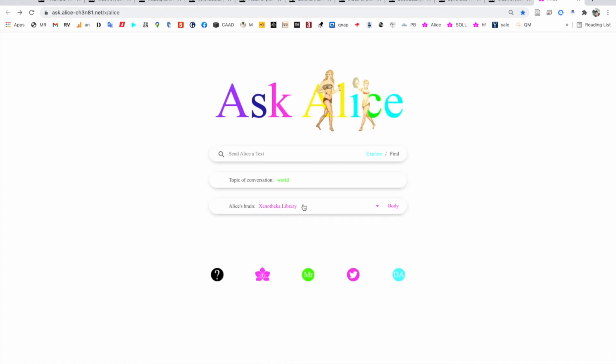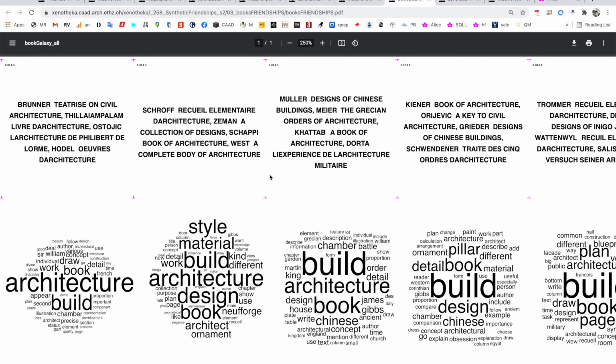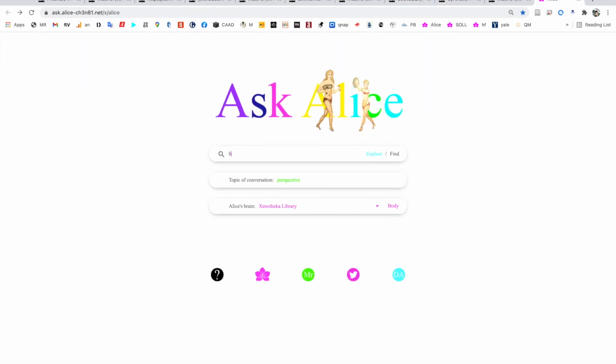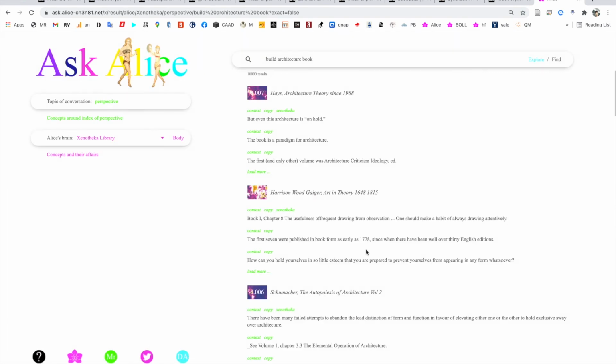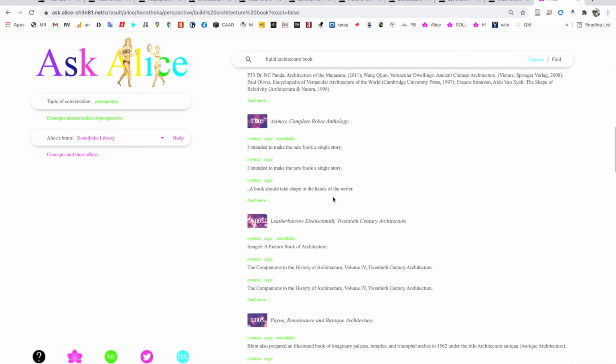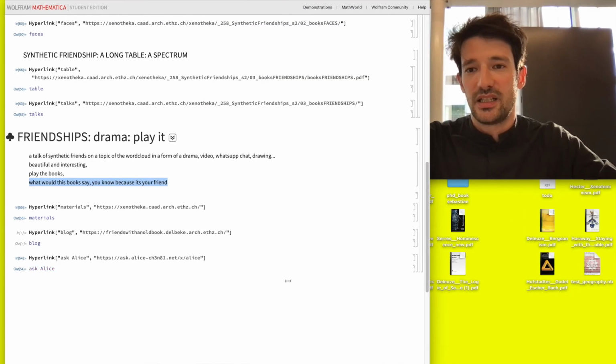I would go with the biggest library, Xenotheka, choose a topic, for instance, perspective, and then just start asking questions, for instance, from your build architecture book. And start exploring. So here you should be able to get a lot of ideas and a lot of quotes that you can work with and bring them together in a kind of dramatic setting.